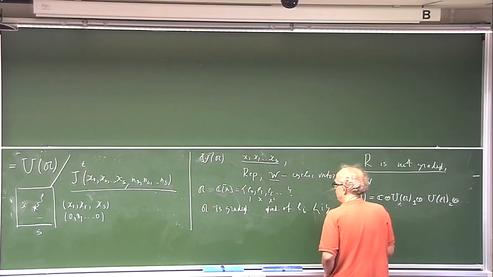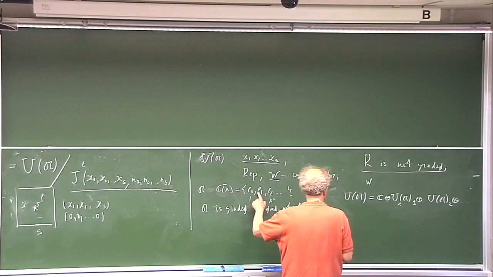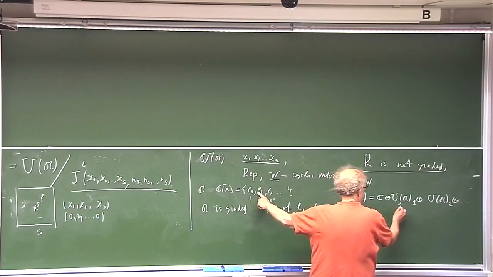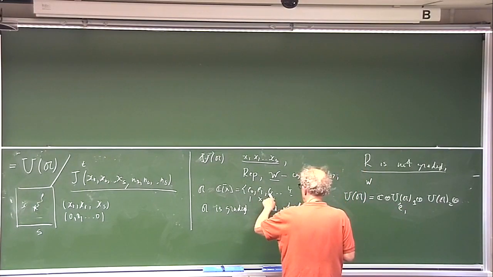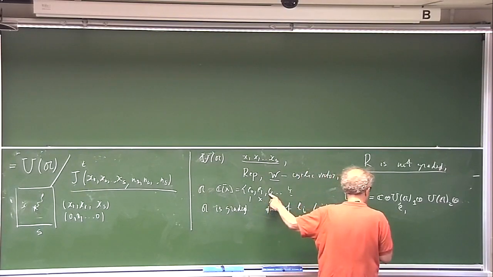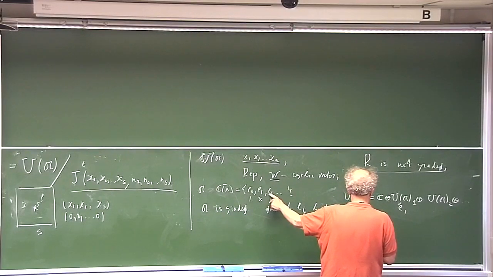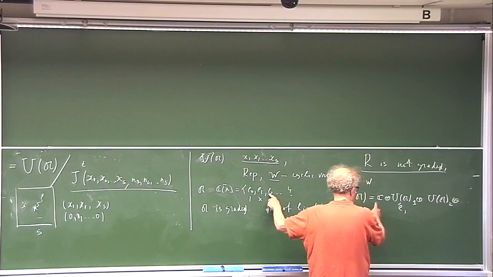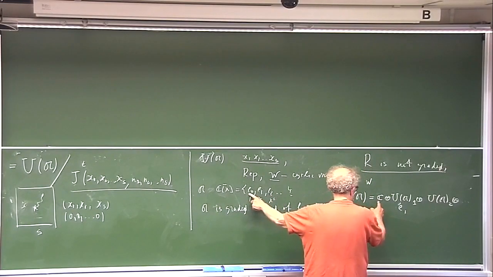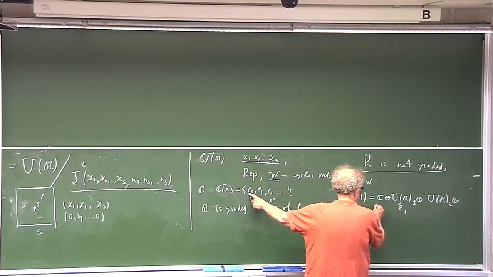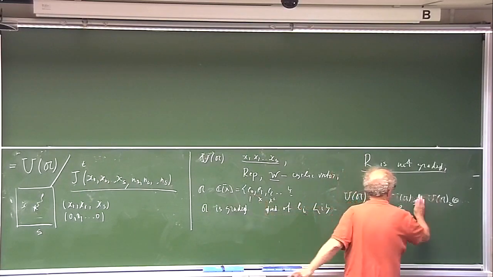And surely in grading 1, we have only one element E1. In grading 2, what do we have? No, not only that. Yes, it is not correct that E0 has grading 1, so here it is wrong.